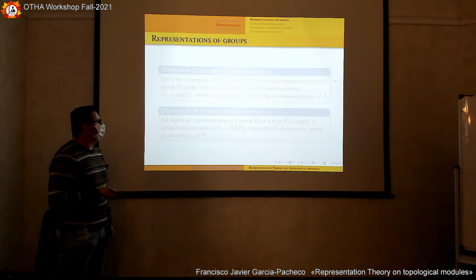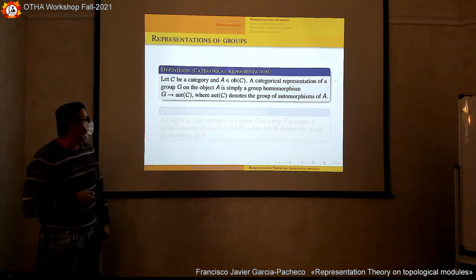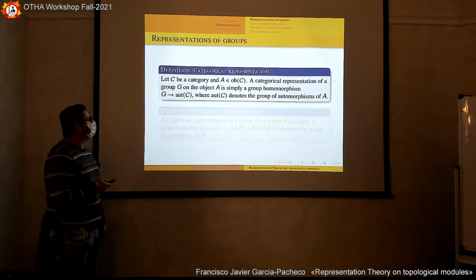Just classical definitions. A categorical representation of a group is simply a group homomorphism of the group into the group of automorphisms of an object.